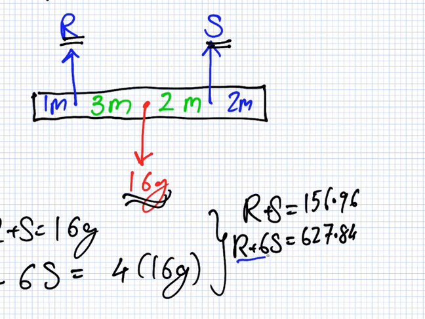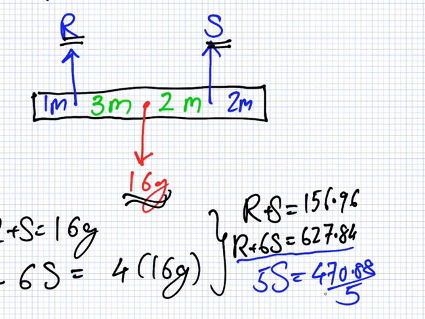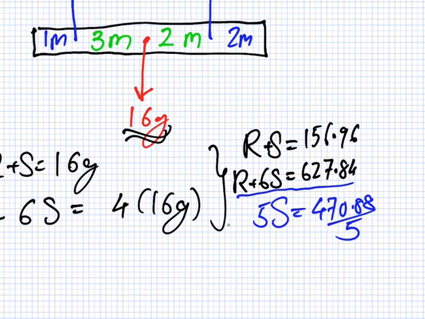So if I subtract them, I get 5S equals 470.88. So then divide that by 5, and I have S equals 94.176.